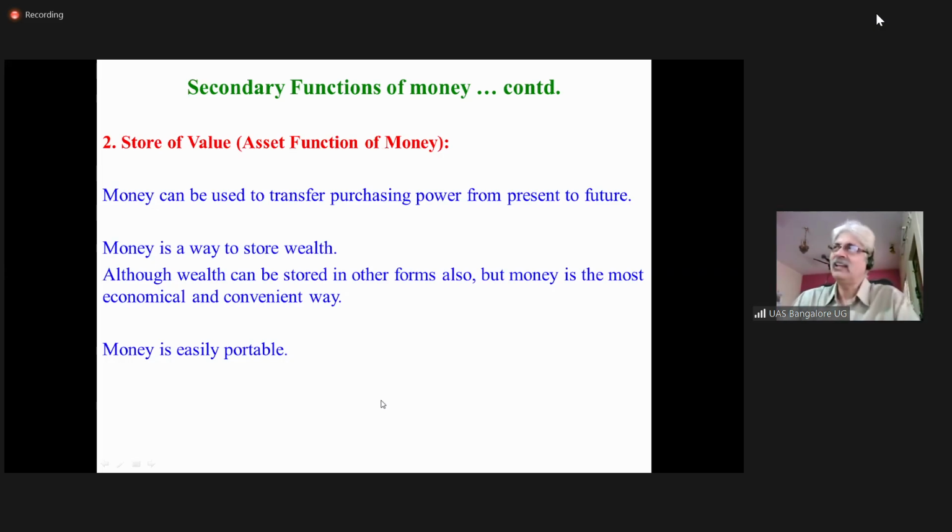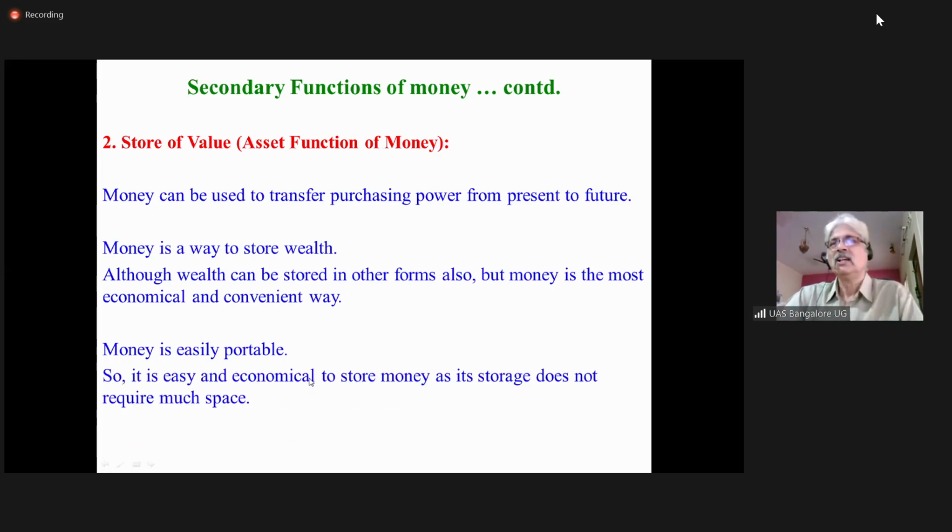Can you carry all the sheep wherever you go, or goats or cows wherever you go? It is not possible. So money is easily portable. So it is easy and economical to store money as its storage does not require much space.